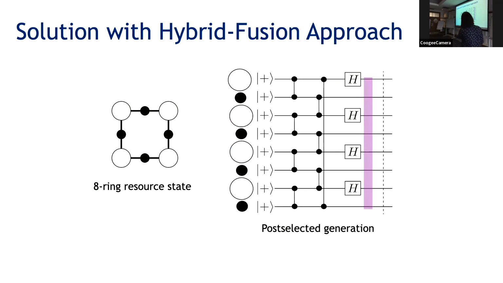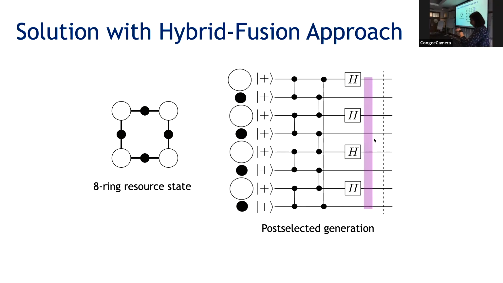So in this fusion-based approach, I use a slightly different resource state. I use this 8-ring resource state, which can be prepared using just a regular, very simple controlled-phase gate circuit. I put some Hadamard gates here, and after this circuit, I check whether there was any erasure.